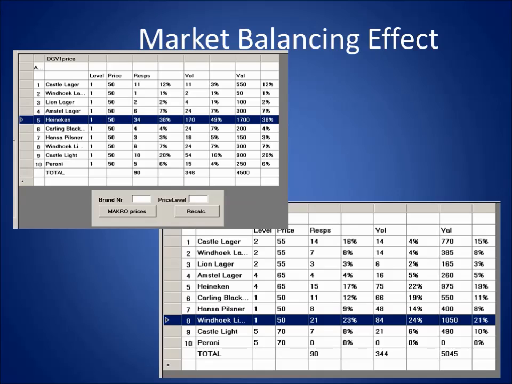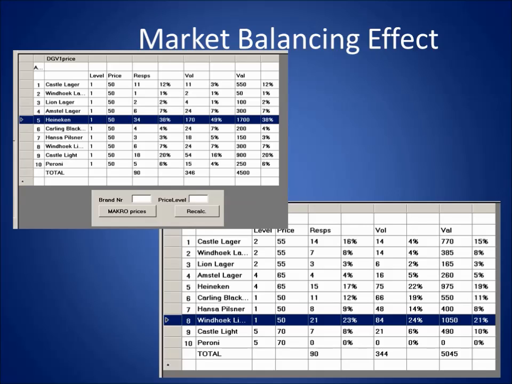But when you now look at the market prices, Heineken is down to 17% from 38% at their price of 65 Rand. And Castle Light has come in above Heineken at 70 Rand, and it drops its share to 20%.